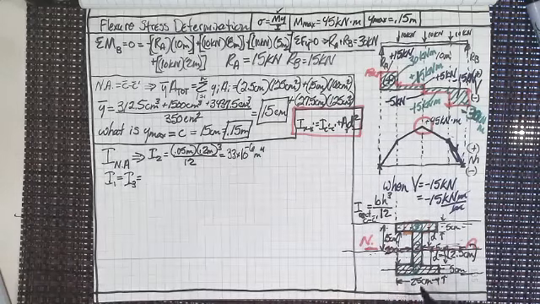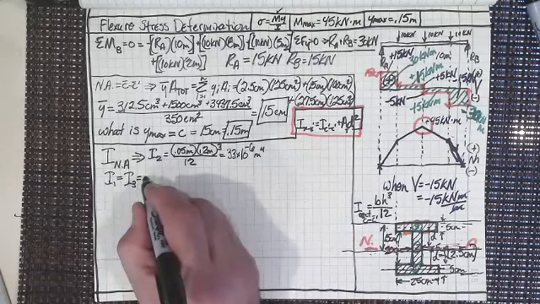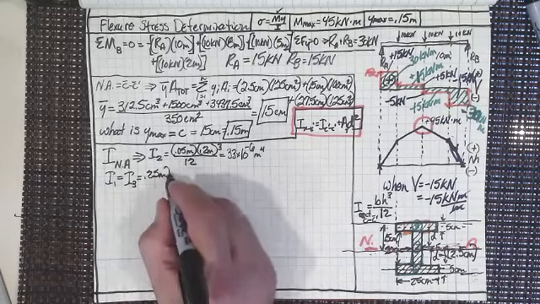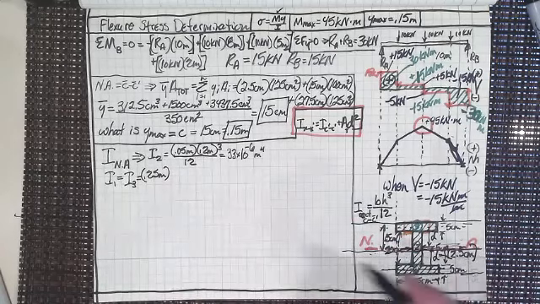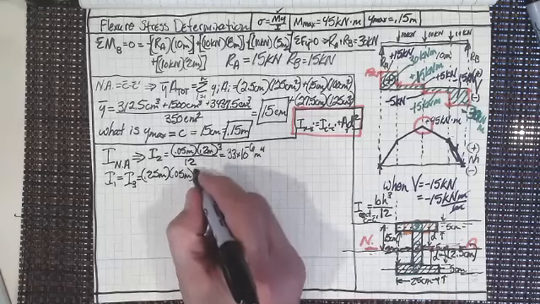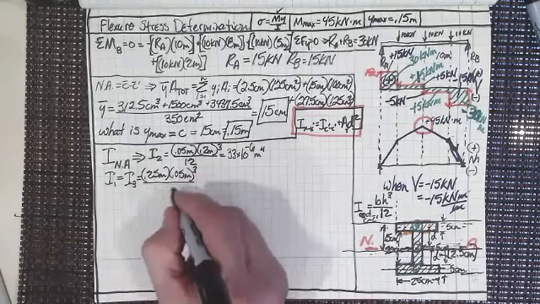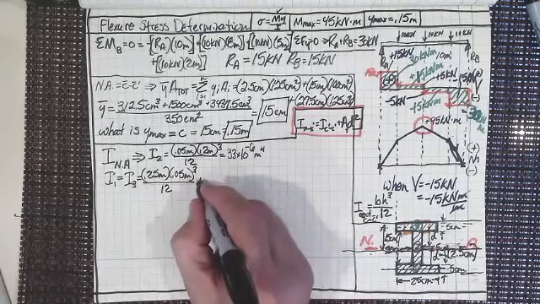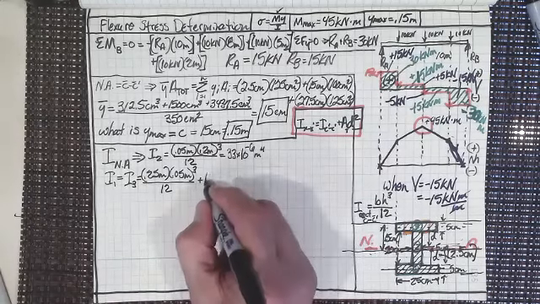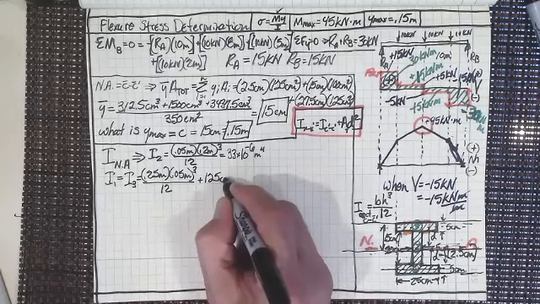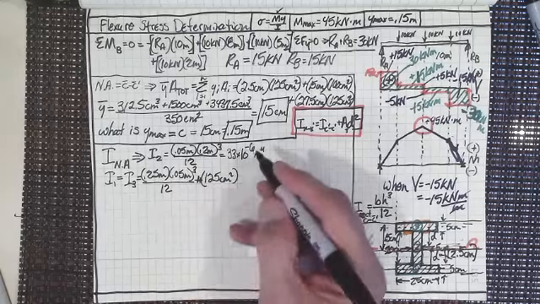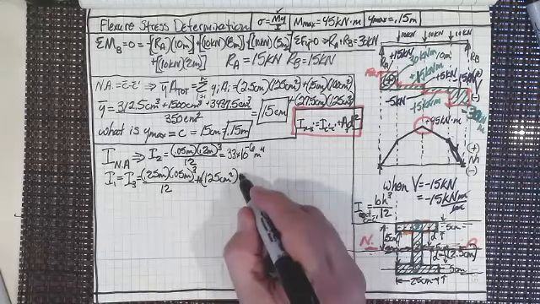So B now is 25 centimeters, so 0.25 meters. H now is 5 centimeters, so 0.05 meters cubed, divided by 12. But then we have to add the total area of these, so that's 125 square centimeters, plus 125 square centimeters times the distance.